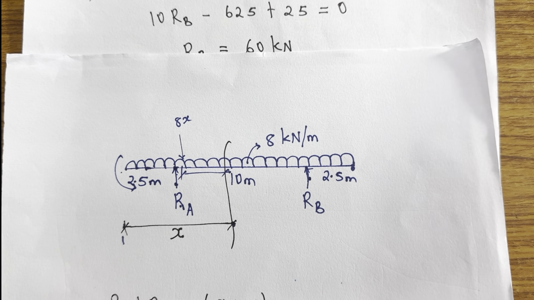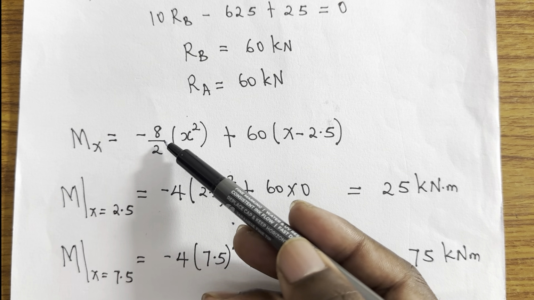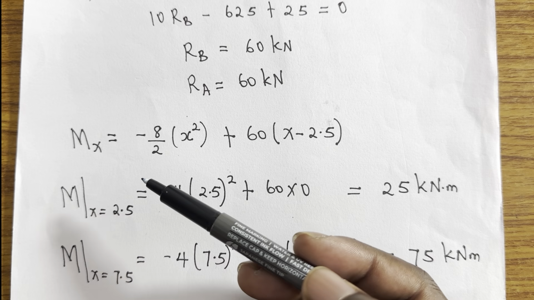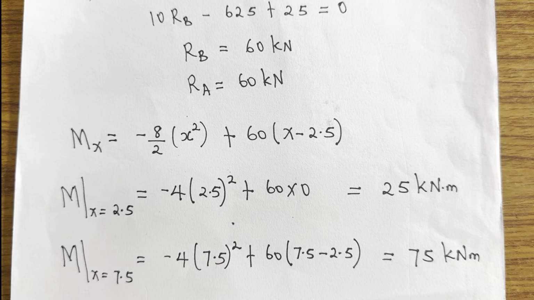And since I'm considering downward to be negative, it will be minus 8x times X by 2. That's what I've written now, minus 8 over 2, X squared. You get it? So that's how I obtain that part.